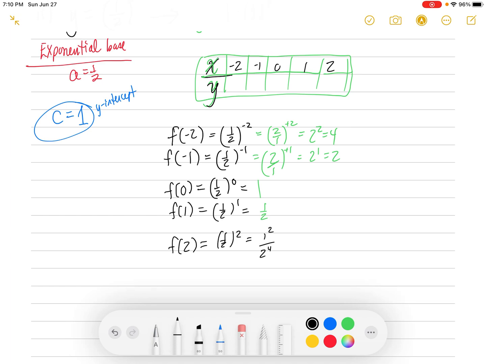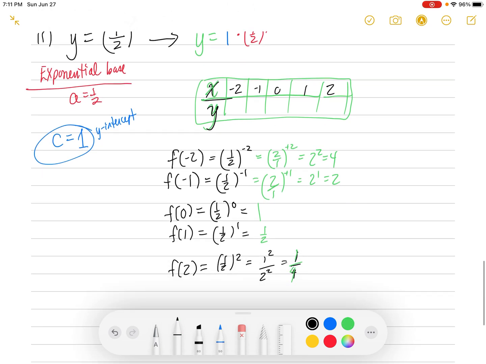And then we're going to take f of 2. 1/2 to the 2nd power is 1/4. Think about it. You square the top, 1 squared, and you square the bottom, 2 squared, and you get 1 on top and 4 on bottom.